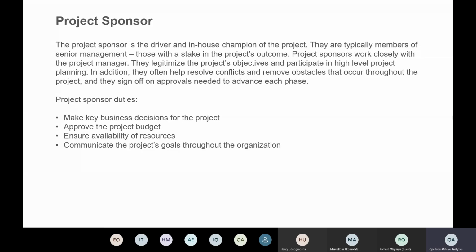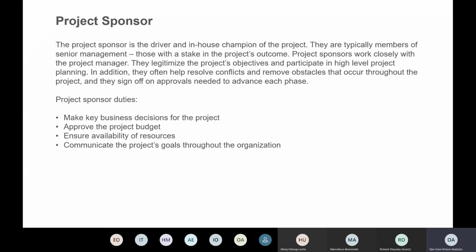So as a project manager, you are managing both upward and downward stakeholders. Your project team members, I won't really say downward stakeholders, but they are your horizontal, or they are your key stakeholders, because they are the ones doing the job, right?